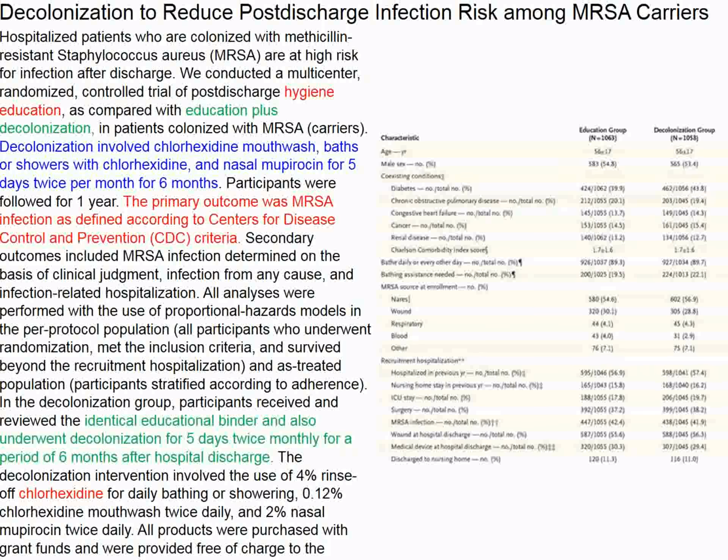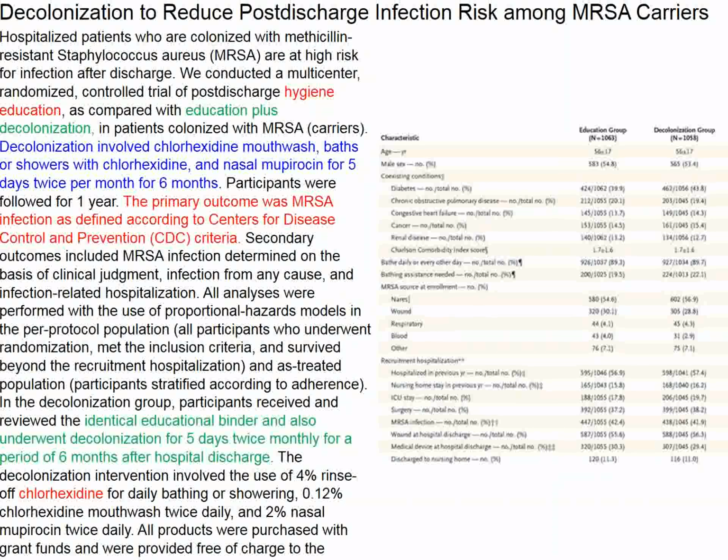And the idea here is, what do we do with patients that are MRSA positive? Should they just be treated with education in terms of hygiene, soap, etc., or should they at the same time undergo decolonization treatments with chlorhexidine mouthwash and showers and mupirocin nasal ointment, etc.? Would this really decrease hospitalizations?